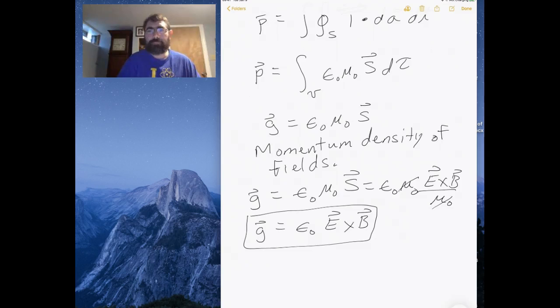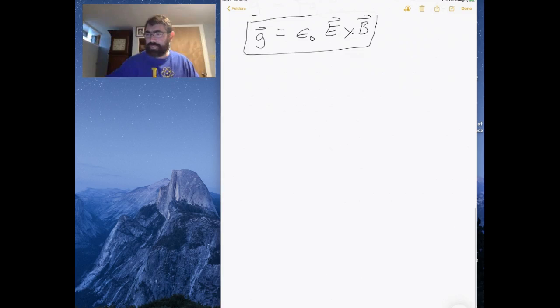So we can now try and write down the conservation rule for momentum. We know momentum is conserved under conditions where there are no external forces. So if there are no external forces, that means that the force on the left-hand side is 0.